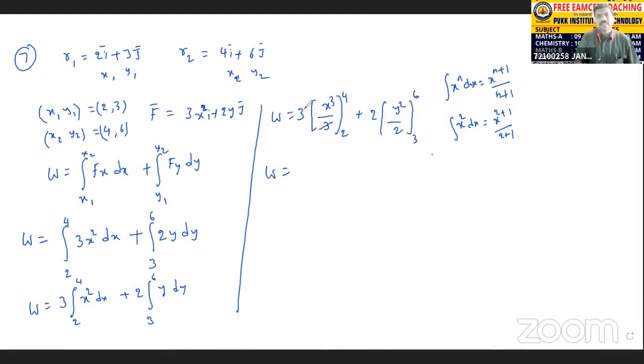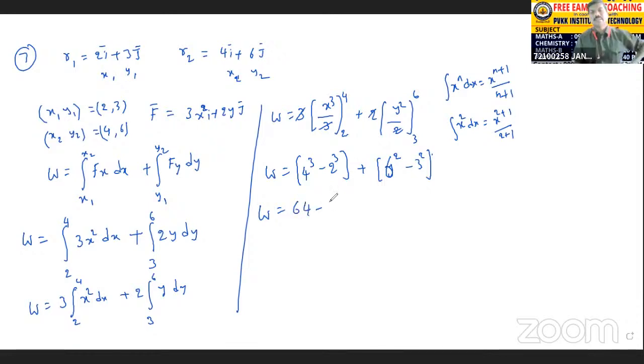So W is equal to, in this the 3 gets cancelled, upper limit minus lower limit. Substitute x as 4 once and x as 2 once. So 4 cubed minus 2 cubed, plus, in this the 2 gets cancelled, so upper limit minus lower limit, 6 squared minus 3 squared. 4 cubed is 4 into 4 into 4, which is 64, minus 2 cubed, which is 8, plus 6 squared, 36, minus 3 squared, 9.